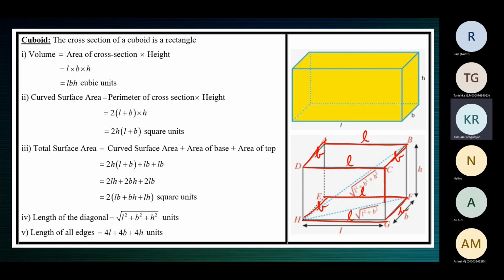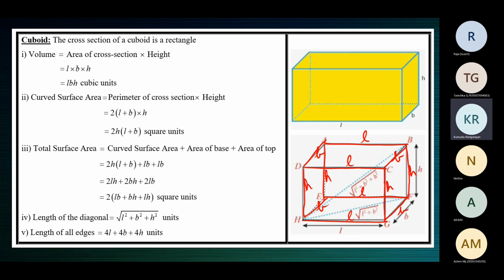And the length of these edges, 1, 2, 3, 4, is H. So in a cuboid, which has 12 edges, 4 edges are along the length, 4 edges are along the breadth, and 4 edges are along the height.